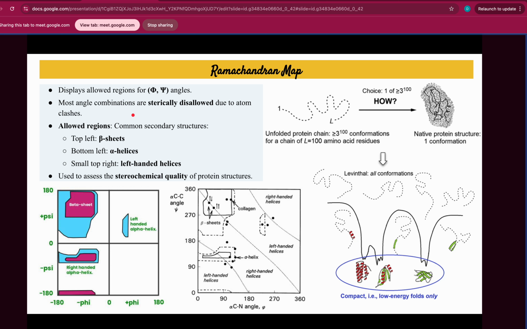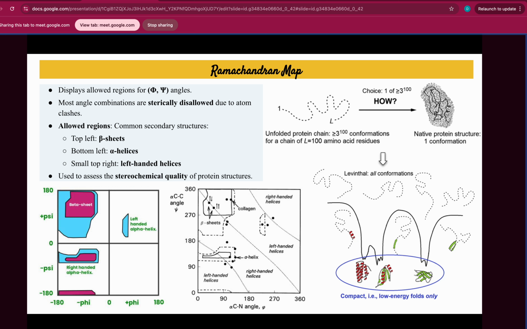Most combinations of phi and psi angles are sterically disallowed. Sterically disallowed means each amino acid has a structure, with certain atoms present, so it takes some shape.